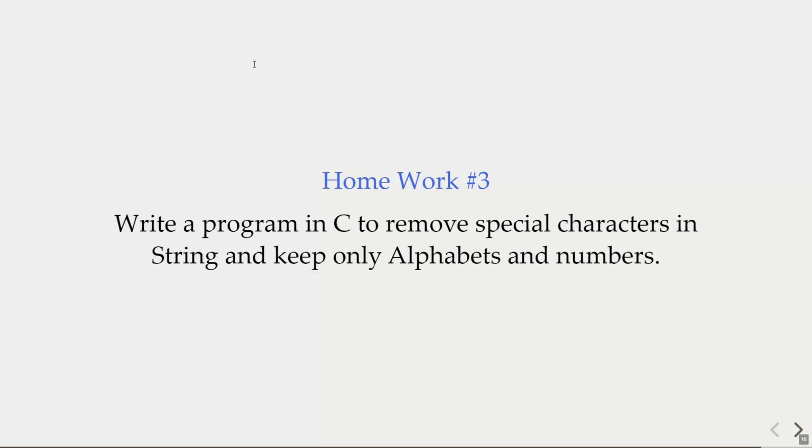So what you can do is find out the ASCII values of the special characters and check if the character that you are checking in the string belongs in that range, and if it is in that range, you just skip copying that and copy only those characters which are alphabets or numbers.